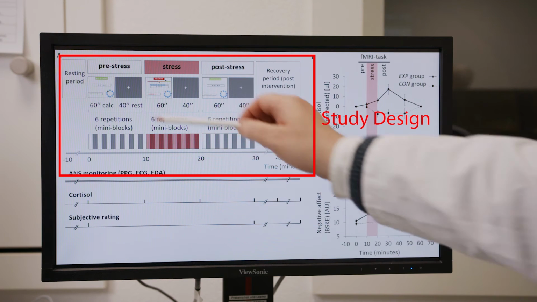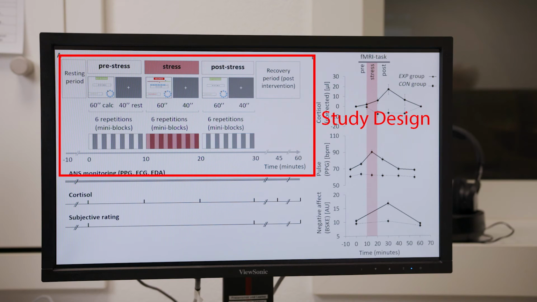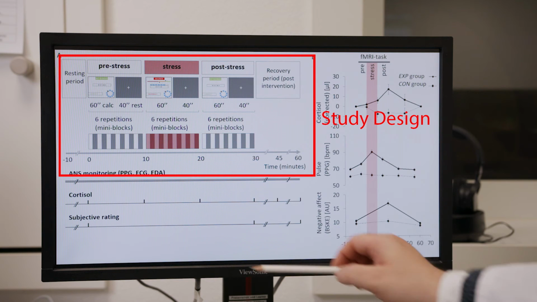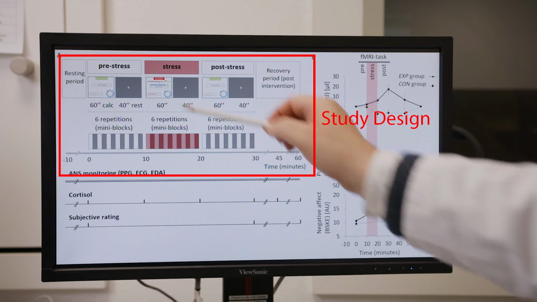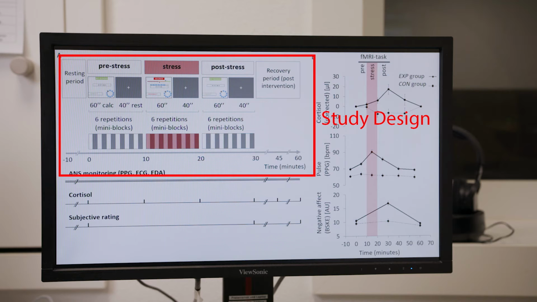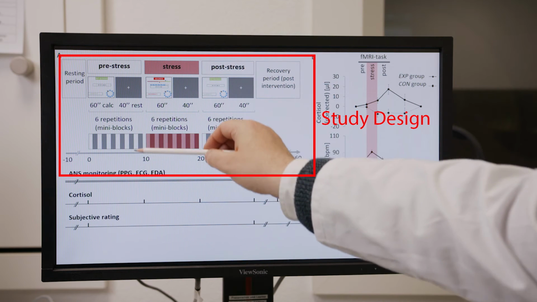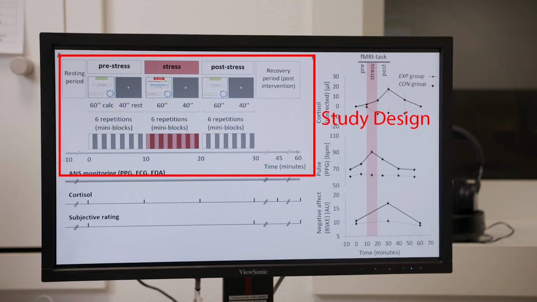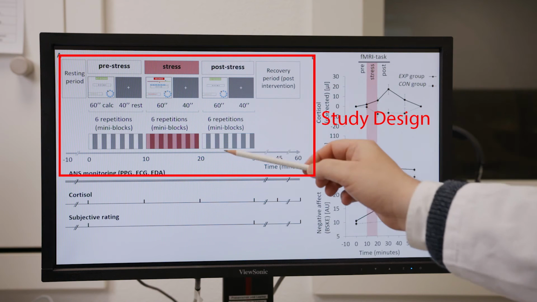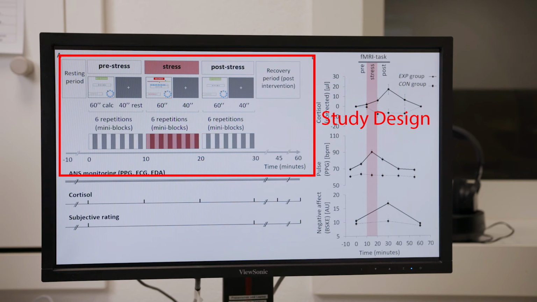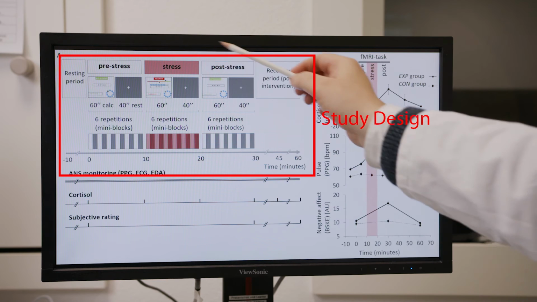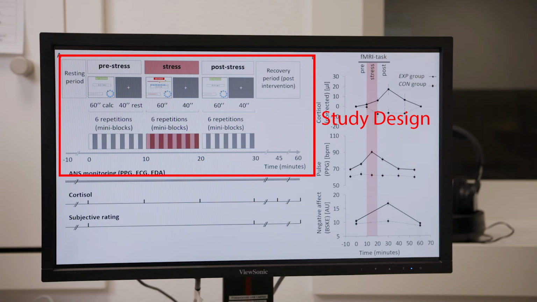So our stress test that we designed to study stress consists of several sections. We are starting with a resting period during which the participant is not asked to perform any specific tasks. We then get into the pre-stress phase, in which participants have to do an easy cognitive calculation task, interrupted by small sections of breaks. We then exert time pressure and other aversive feedback to really put our participants under subjective stress.